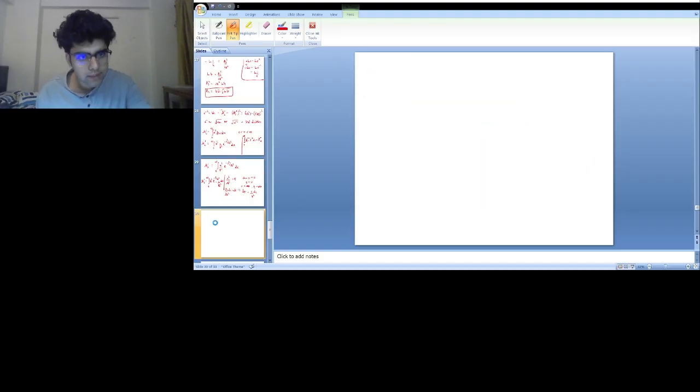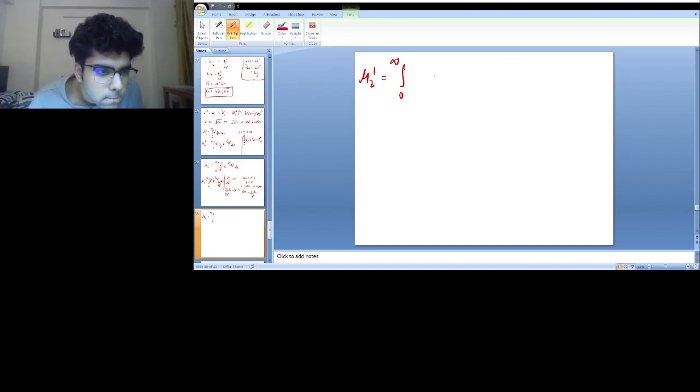So moving to the next slide, I'll be getting the second moment with respect to the origin. Now my limits are from 0 to infinity, and t is also going from 0 to infinity. So I'll be left with x square.